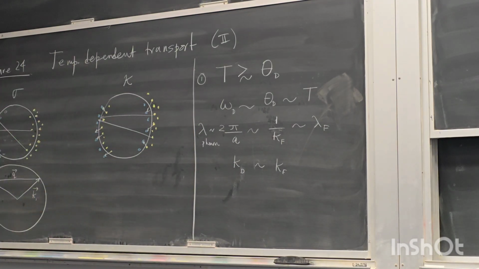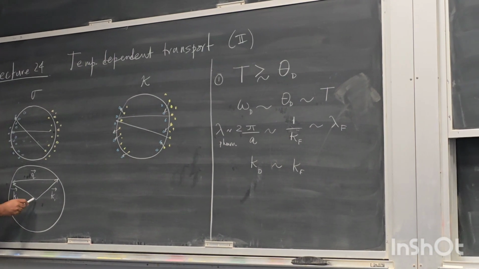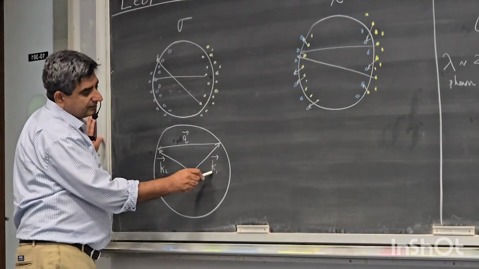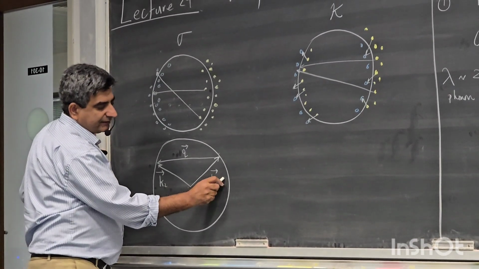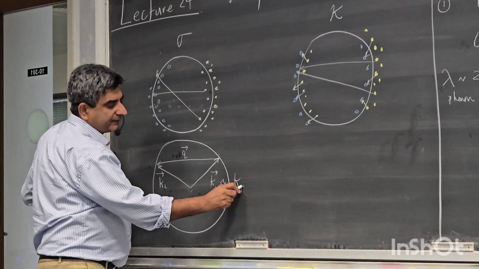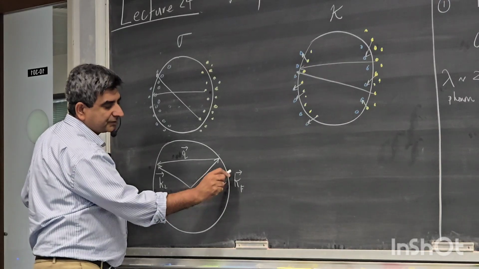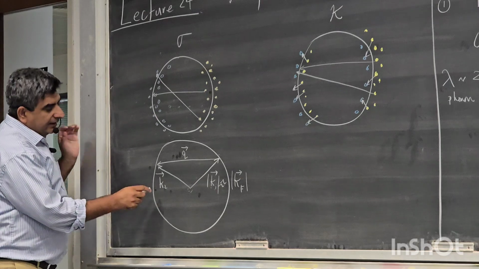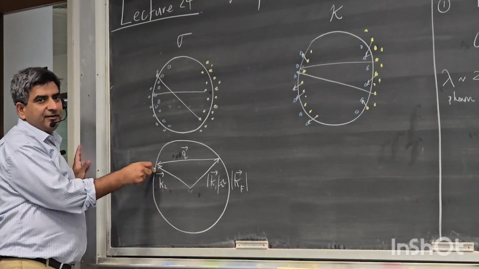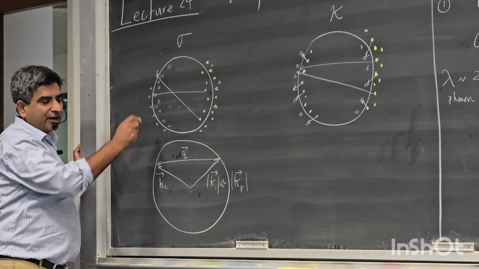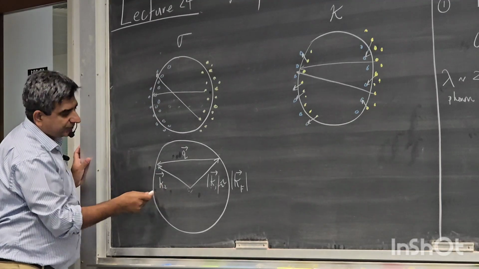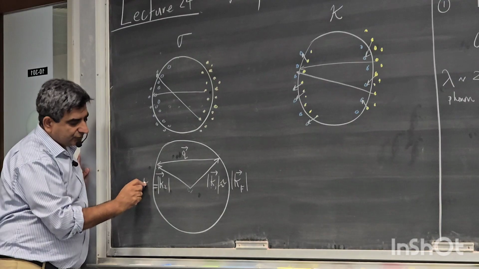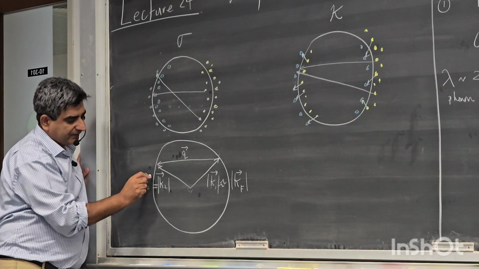Now when this is true, so if you observe, an electron at the outer edge of the Fermi sphere has a wave vector k1, which is roughly the same as the Fermi wave vector. These magnitudes are the same. k2, which is the final wave vector for the electron after relaxation, which is on the other side of the Fermi sphere, has a wave vector k2, and its magnitude is also the same as the Fermi wave vector.